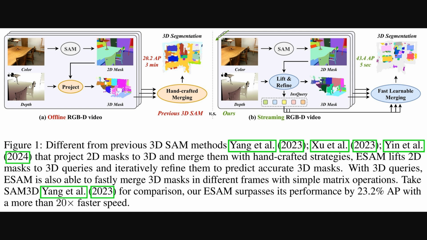Average precision is a score for object identification accuracy. Higher is better. EmbodiedSAM, on the right, uses streaming video. It also starts with SAM for 2D masks, but then cleverly lifts these into 3D queries. Think of queries as smart object descriptors, and refines them. This leads to much faster and more accurate 3D segmentation.